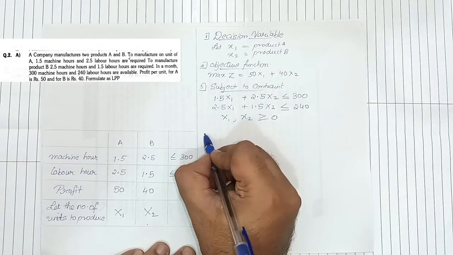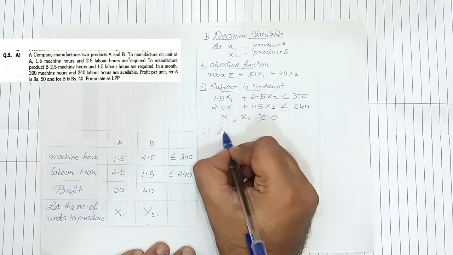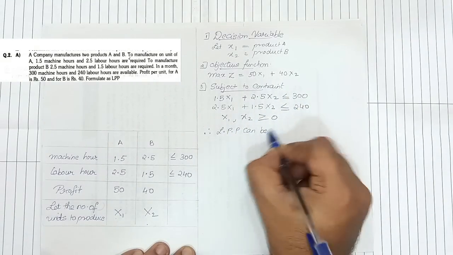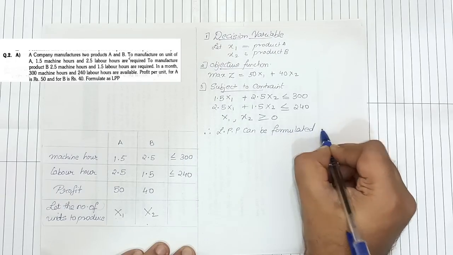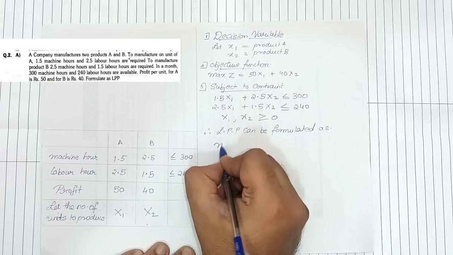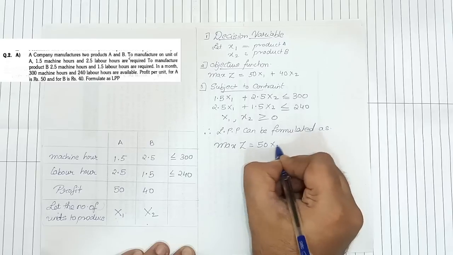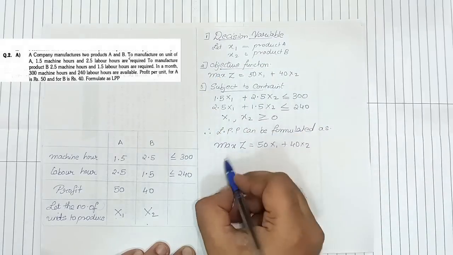And now the last statement, therefore we just have to put it in LPP format. So therefore the LPP can be formulated as max z is equal to 50x1 plus 40x2. I'm just taking it from here. We just have to make it consolidated.